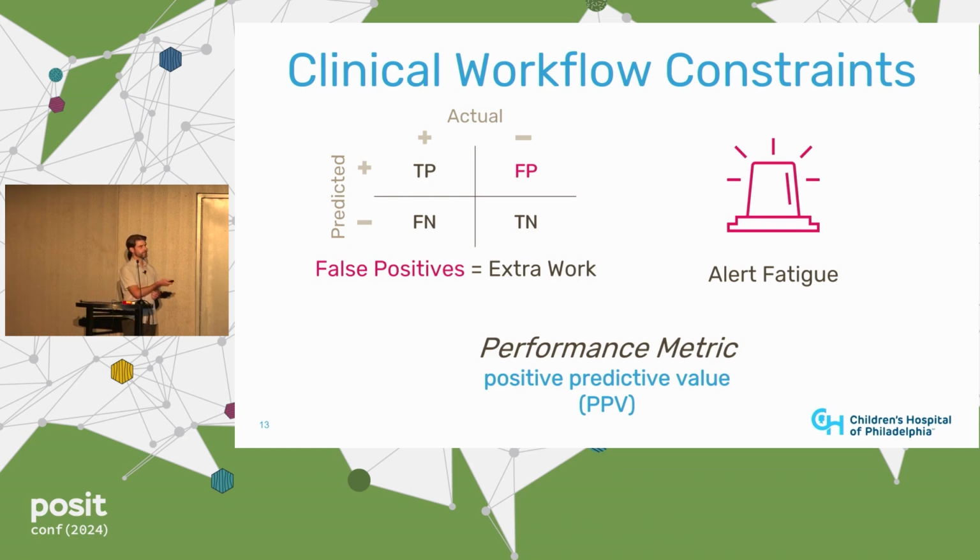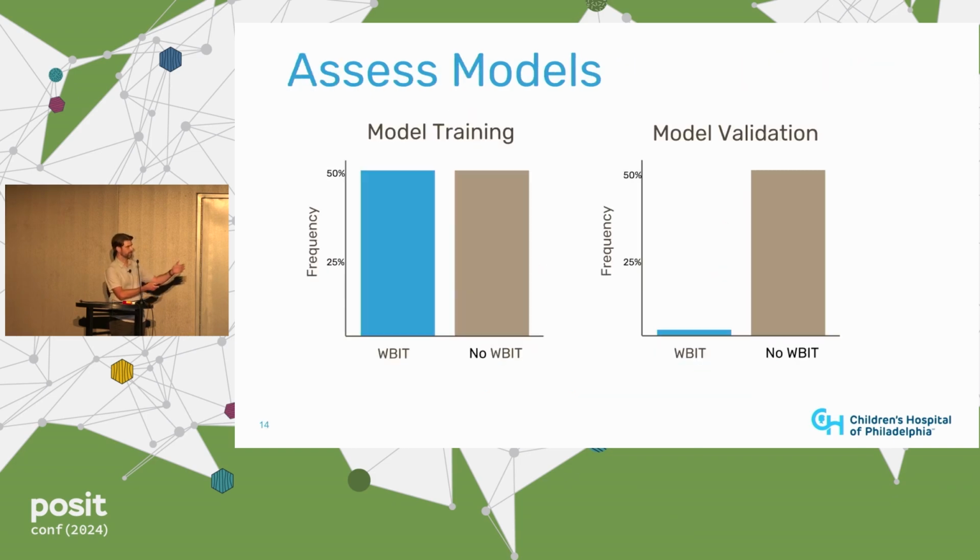One issue that we ran into with this, though, is that PPV is extremely sensitive to the prevalence of the outcome. If you remember a few slides ago, I talked about how we took our training data and made it perfectly balanced, in these nice bar charts here on the left. This will have major implications if we were to assess our models with the holdout data, data the models haven't seen yet.